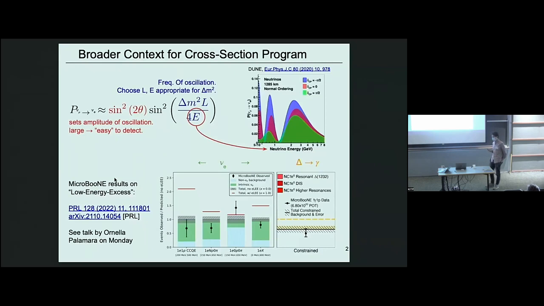If they aim to be sensitive to potential new processes, you need to make sure you can convince people that you understand your intrinsic neutrino backgrounds well, and cross-sections clearly play an important role there. And just an example that I'll touch on in a few points during this talk is MicroBooNE's recent low energy excess results, where cross-sections play a big role in getting to those results and the interpretation of them, which is something that Ornella highlighted in her talk yesterday.